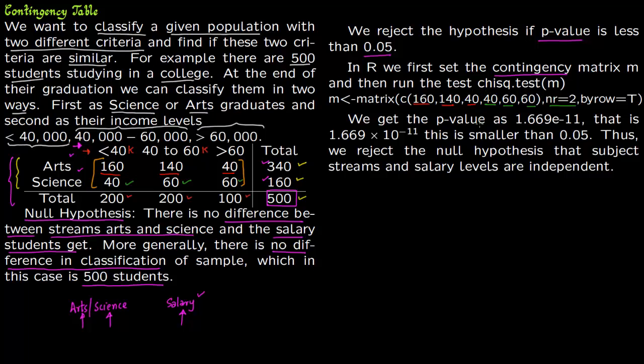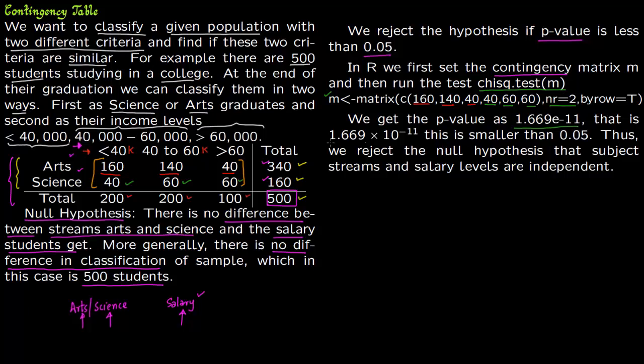When you run this in R, you get a p-value of 1.669 e minus 11. To run this in R, you first set m like this. You can copy paste this from the description of the video, and then you run a chi-square test. This is the R command, and we will show how to run this later.